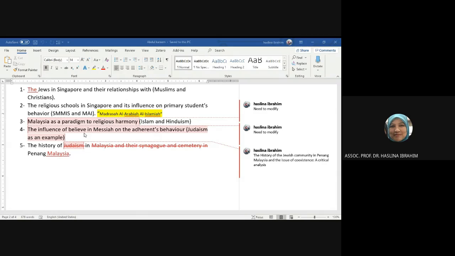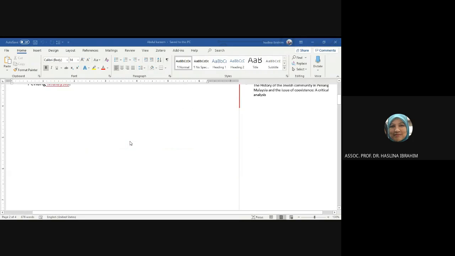If you want to write about number 5, the history of the Jewish community in Penang, Malaysia, and the issue of coexistence, a critical analysis, for example. Or the history of the Jewish community in Singapore and the issue of coexistence, or on the relationship with the Muslims in Singapore, a critical analysis, something like that.